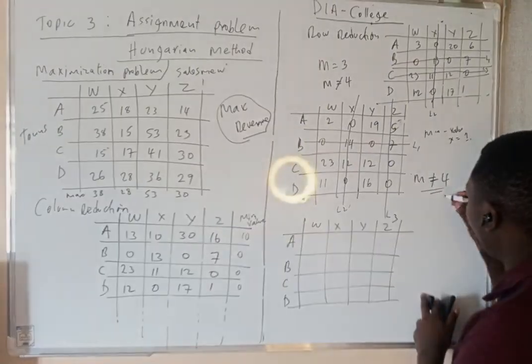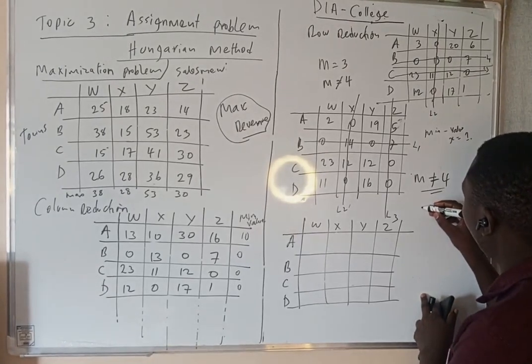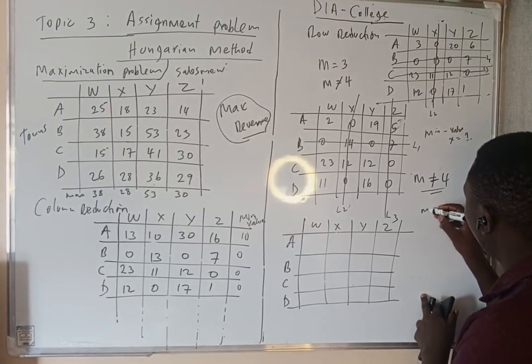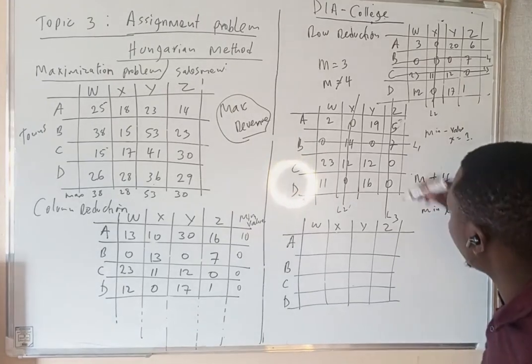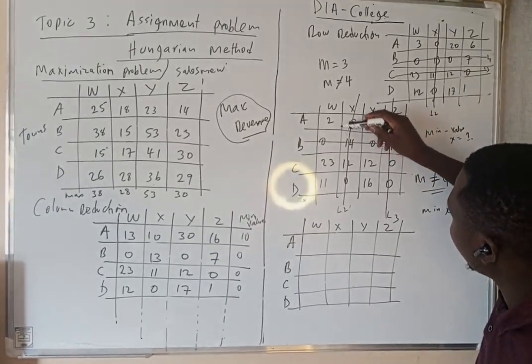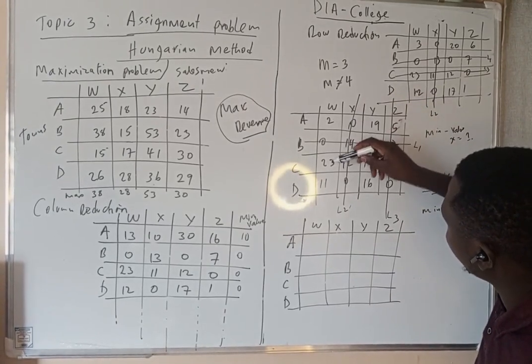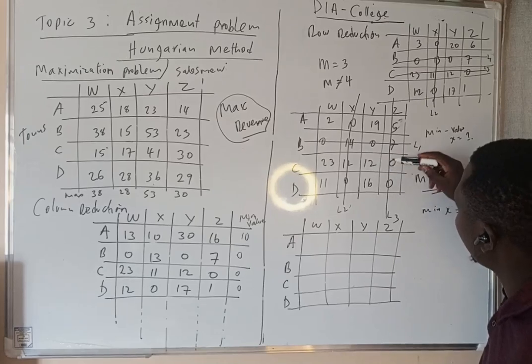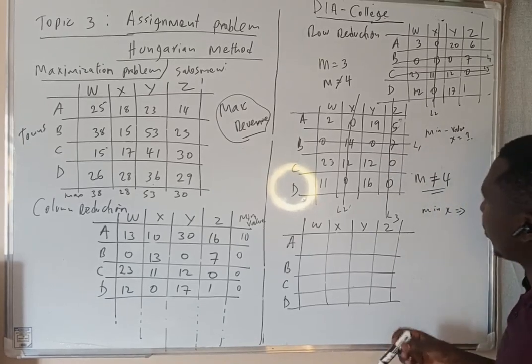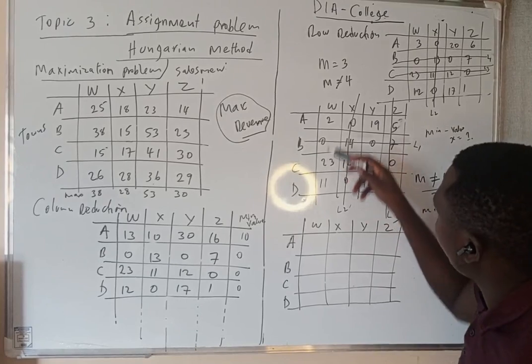In this step, I want to identify the minimum uncovered value, minimum value x. So let's see in this matrix. We have 2 here, 23, 11, 19, 12 and 16. So those are the values uncovered. So I can see my minimum value is going to be 2.